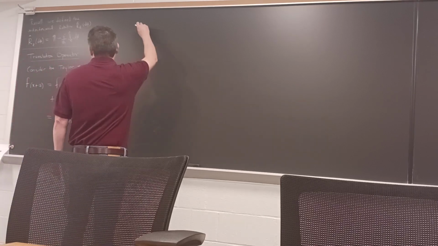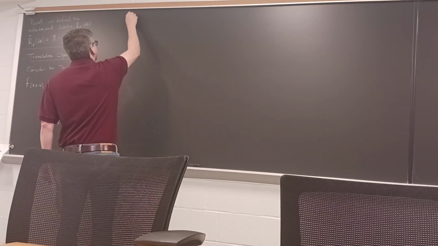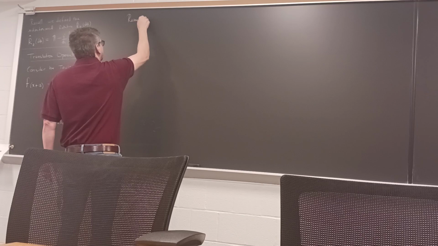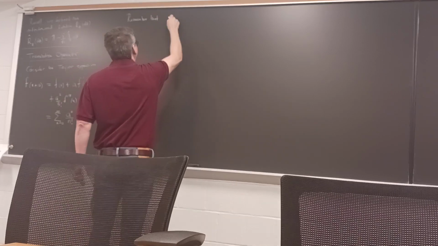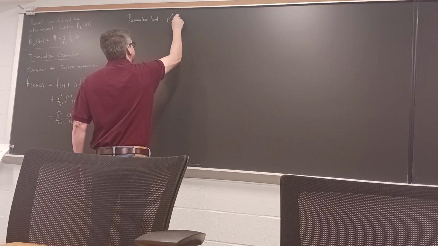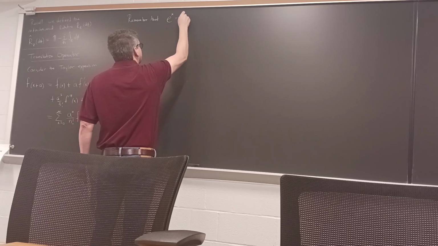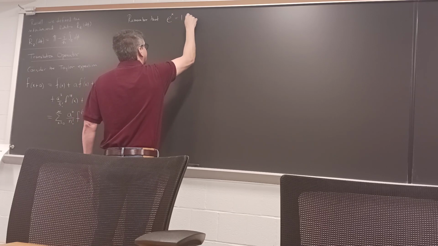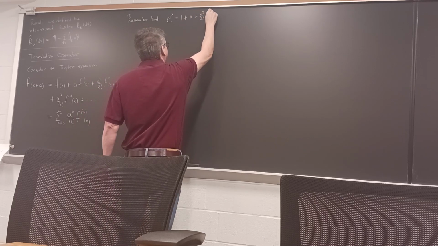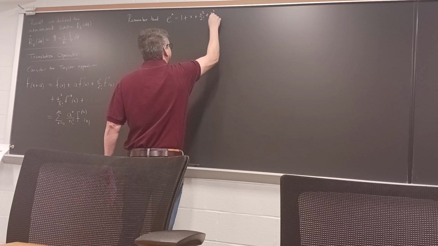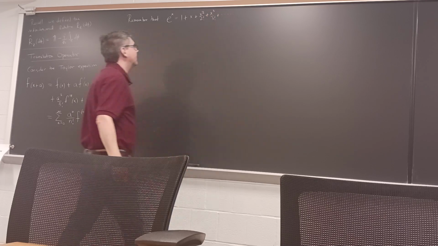Okay, but also remember that e to the x is 1 plus x plus x squared over 2 factorial plus x cubed over 3 factorial plus dot dot dot.